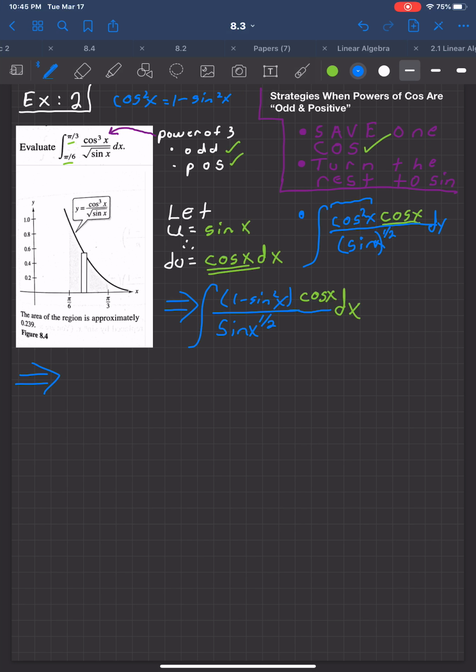This is just the integral of 1 minus sine of x to the half minus sine squared x over sine x to the 1/2. And of course I still have my cosine of x. Right? You with me that all I did was just split that up.